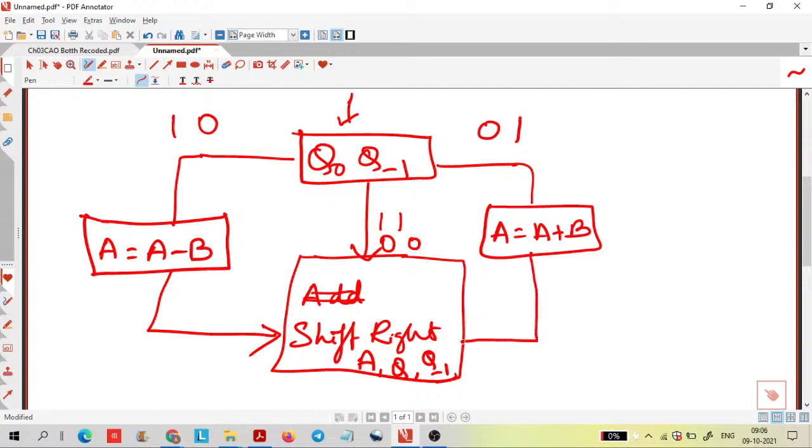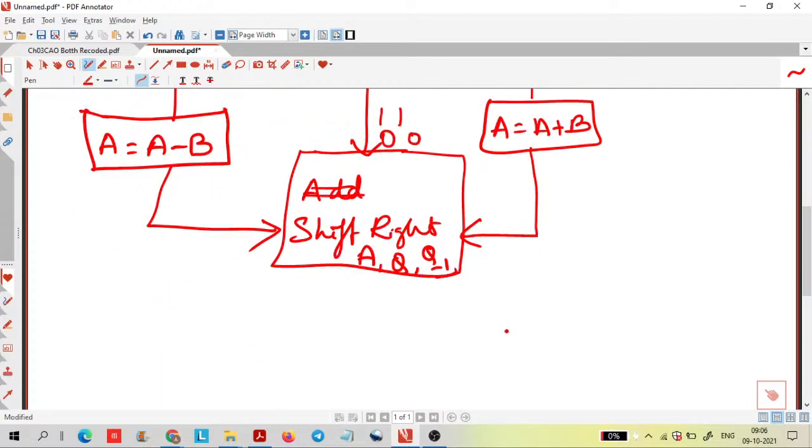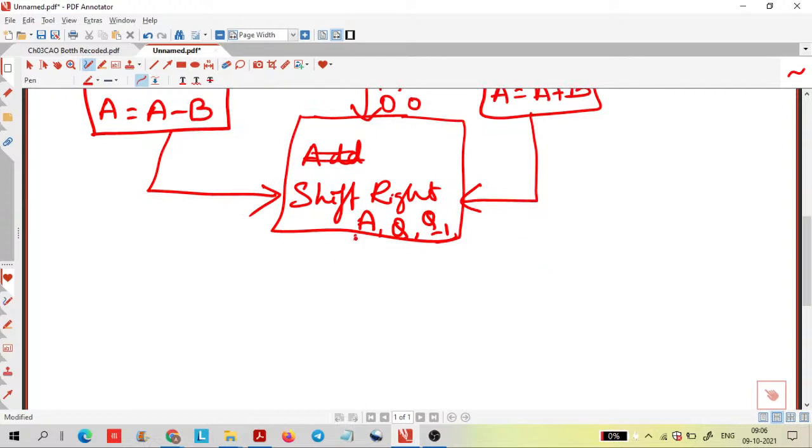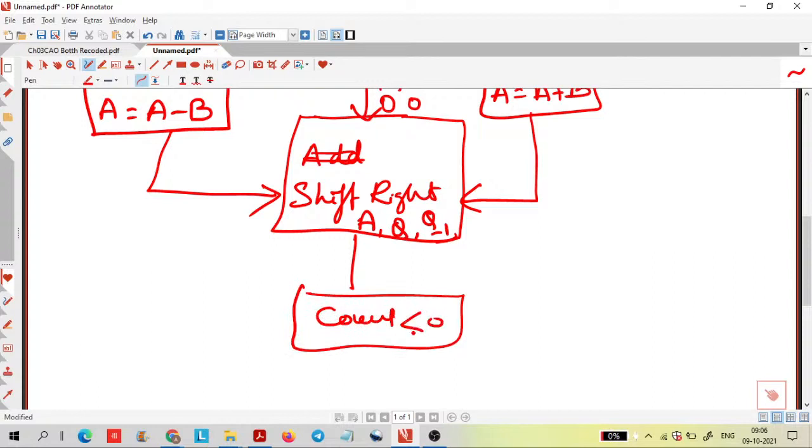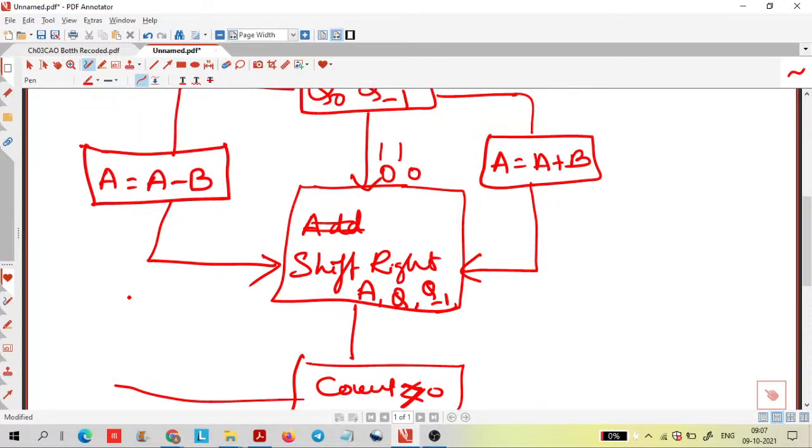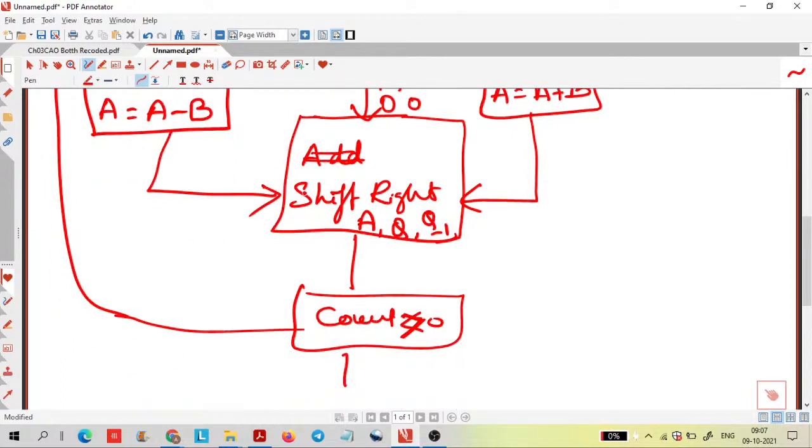Here also we go for the shift right. Then check the count. If the count is not equal to 0, it means count is greater than 0, then again we process the comparing. So this is about the table method.